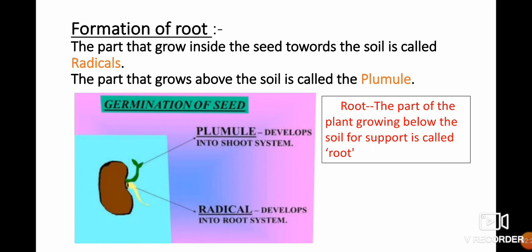And the green part you are observing grows above the soil; this green part is called plumule. So you have to remember the green part is called plumule, and the yellow part in the diagram is radicle. It is growing inside the soil. I hope you are understanding now.